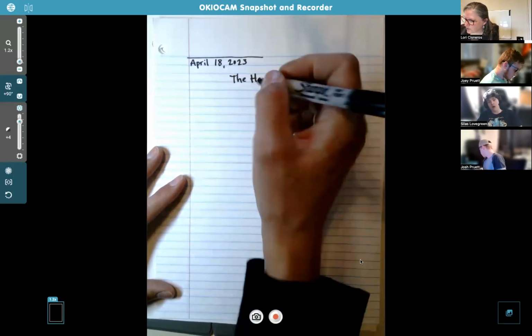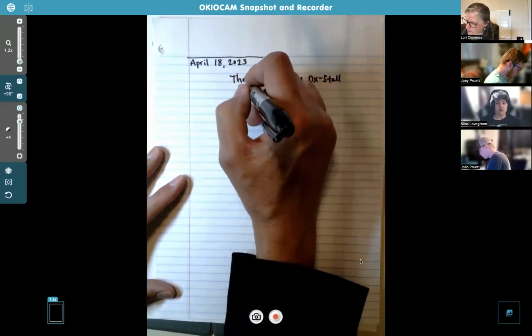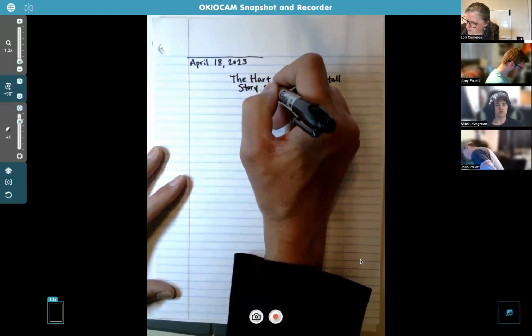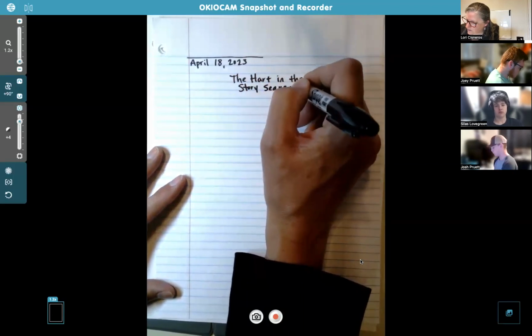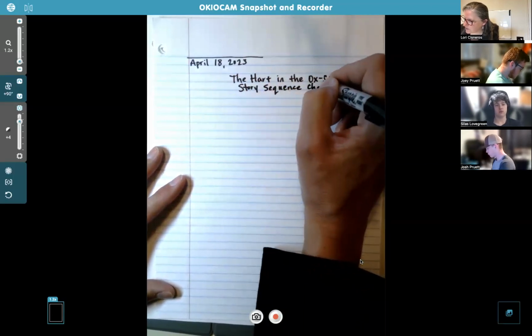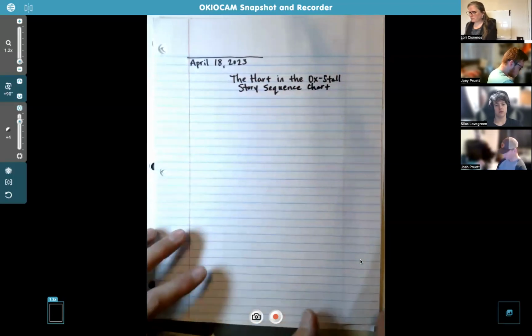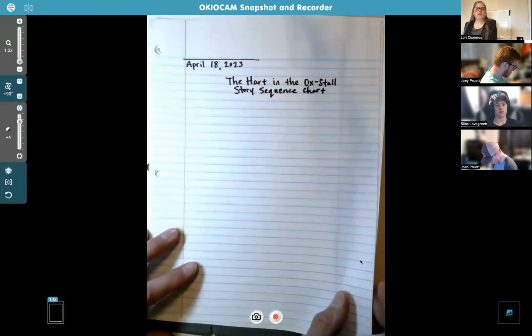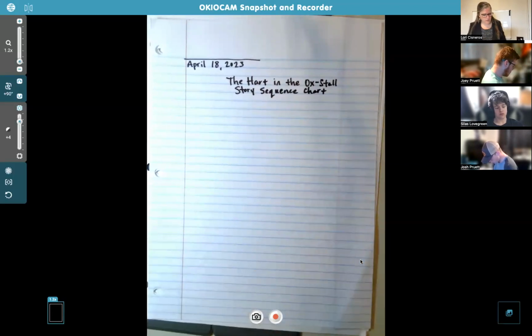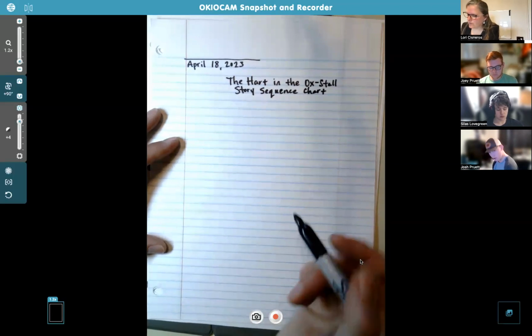So the heart in the ox stall, and then I want you to put story sequence chart. This is the last one we're going to be doing. We're going to move into a new unit after we're done with this one. But go ahead and write this out on a lined piece of paper.